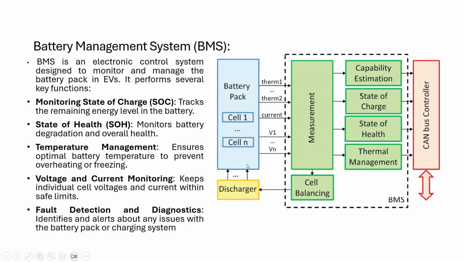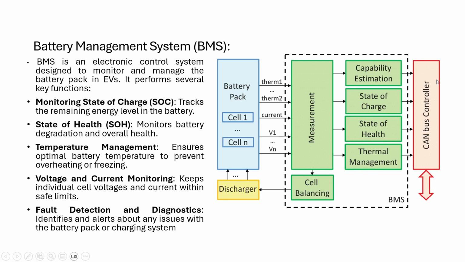The battery pack consists of a collection of battery cells. Individual cell thermal level, voltage level, and current levels are measured by the BMS, and through the measurements, capability estimation, state of charge, state of health, and thermal management are carried out.